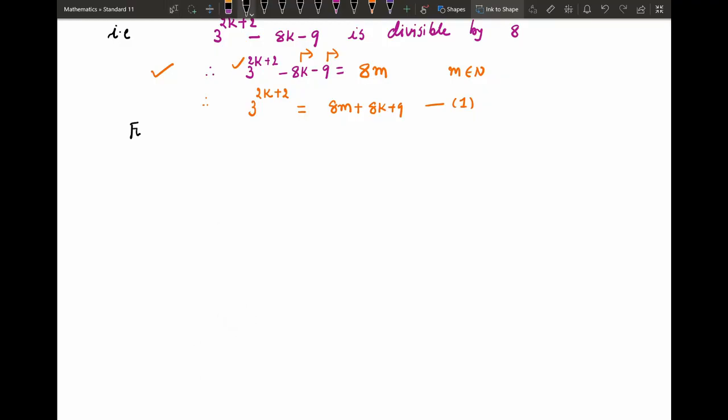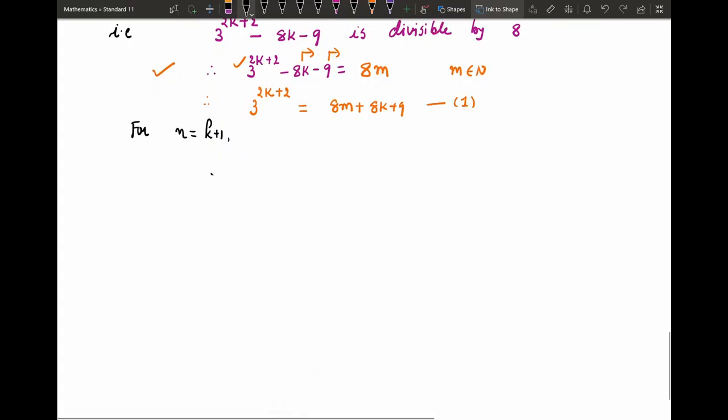Now for n equal to k plus 1, in the quantity we replace n by k plus 1: 3 raised to 2 into k plus 1 plus 2 minus 8 into k plus 1 minus 9.